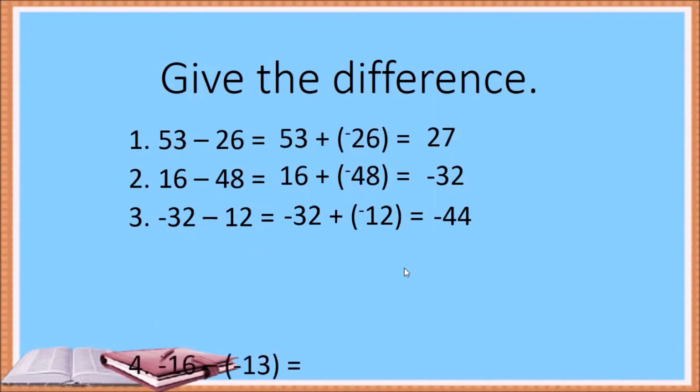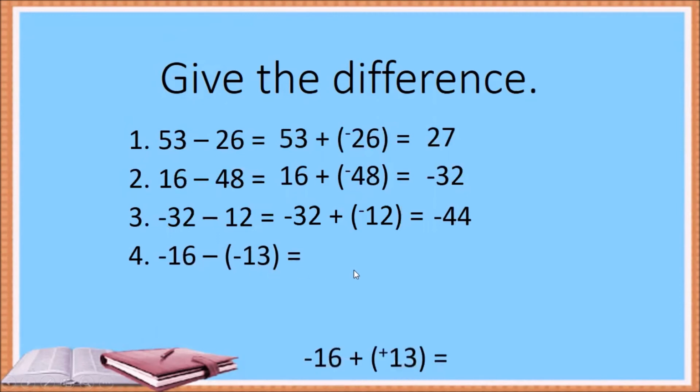Next, number 4. Negative 16 minus negative 13. So, add its additive inverse. Therefore, the minuend, which is negative 16, then the plus sign. Then the additive inverse of negative 13 is positive 13.